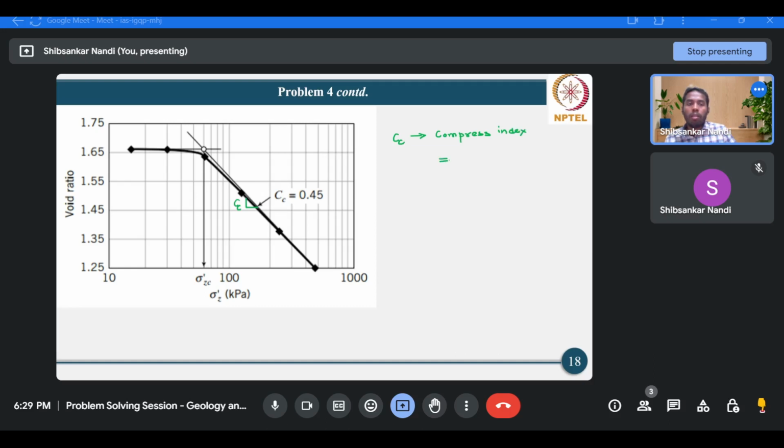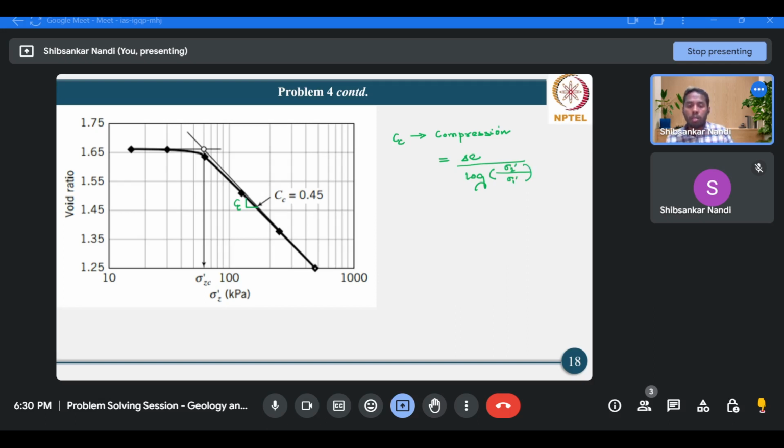So it will be delta e by log of sigma 0 delta sigma by, or rather we can say sigma 2 prime by sigma 1 prime.